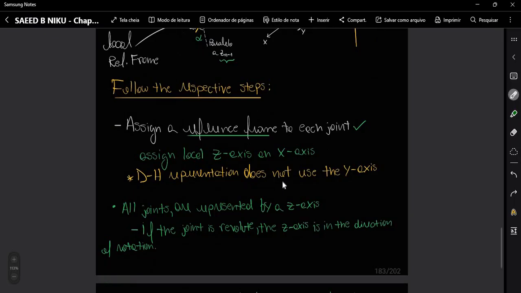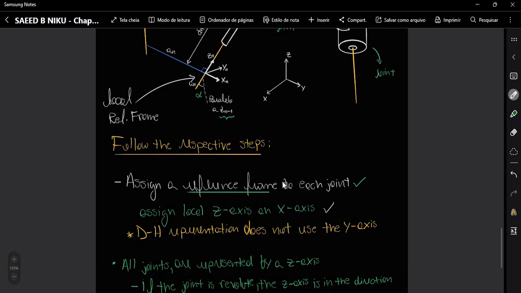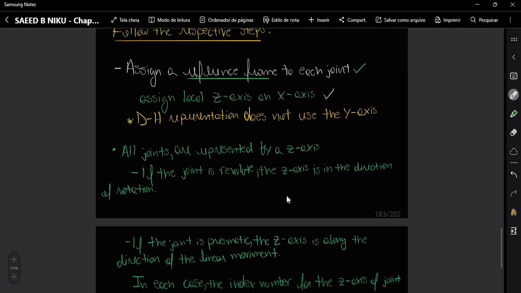Assign local z-axis and x-axis. So let's see. Another thing to call your attention to is that in DH we don't use the y-axis representation. We don't use it.